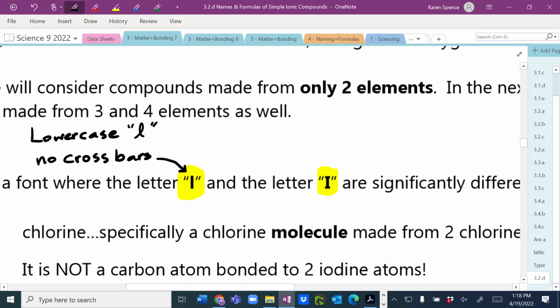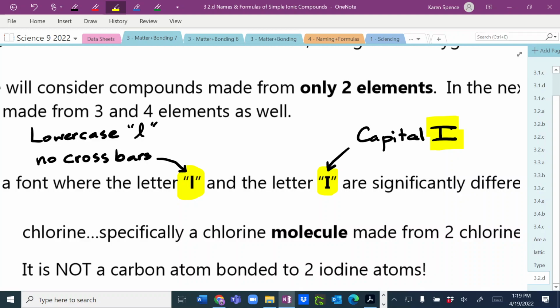And what do I mean by crossbars? I mean, if you have a capital I, you've got crossbars on the top and bottom. I have solely chosen fonts that have crossbars on the capital I.